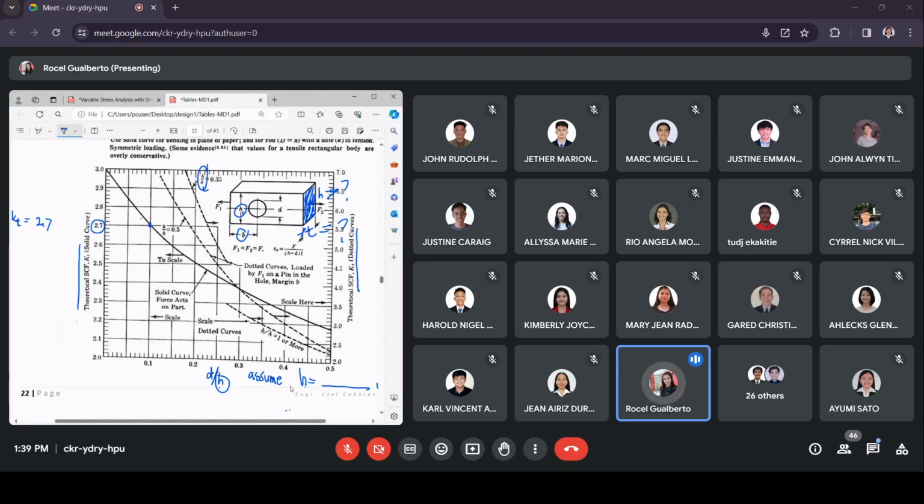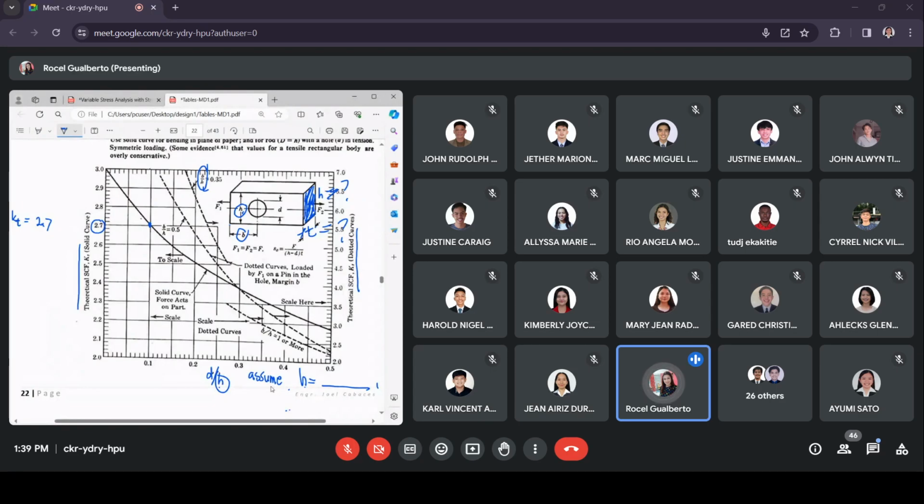If the assumed value of H versus your computed value are different, then you need to recompute. You will need here a different assumption.